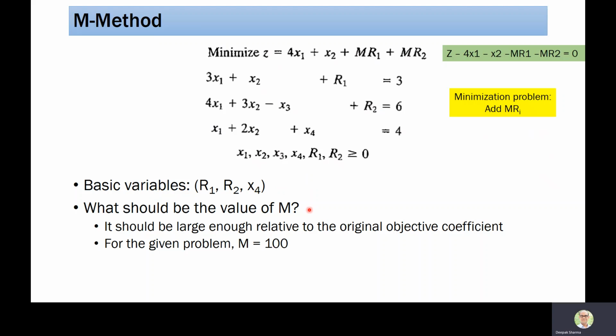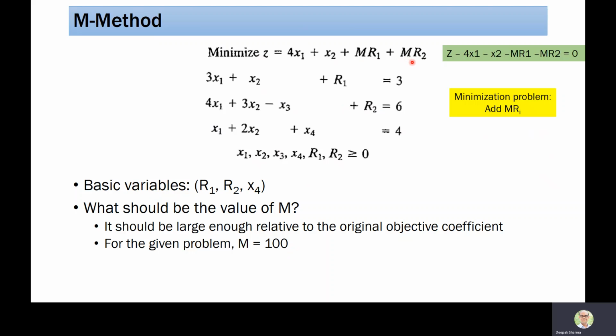The question is what should be the value of m? As I said, m should be a large value, because if I'm adding m r1 plus m r2, basically I'm penalizing the value of Z. Since I want to minimize it, I'm adding a very large value. For the current example, we have taken m as 100.